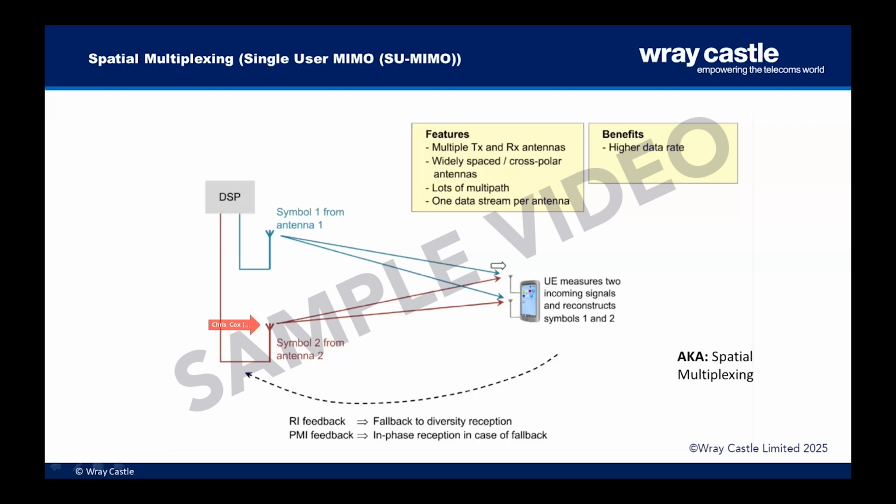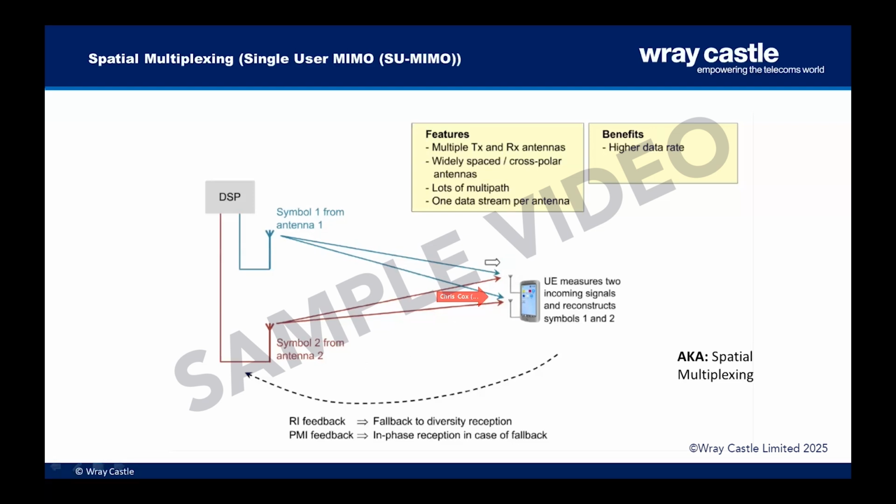The mobile has two antennas to receive two pieces of information. Nonetheless, the information arriving at each receive antenna is, as depicted here, a linear combination of the two transmitted pieces of information.